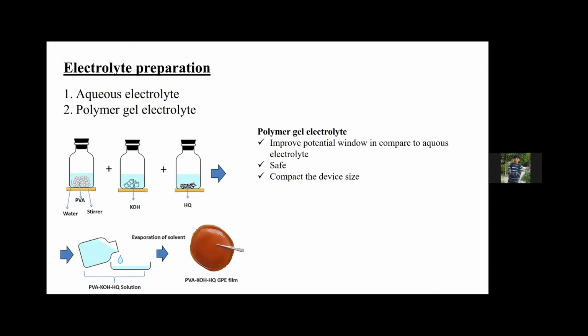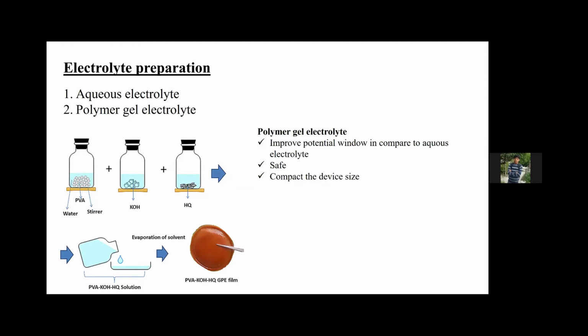I am not concerned about whether the aqueous electrolyte is any basic salt like NaCl or Na2SO4, or the ionic liquid or the organic liquid. I am generally saying the two types of electrolyte. One is the aqueous electrolyte, that means it is in the solution form. One is the polymer gel electrolyte, that is the gel form.